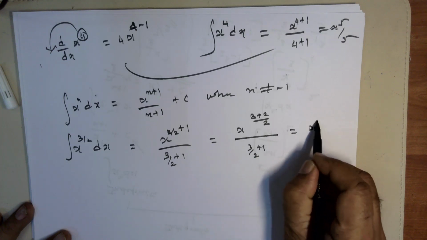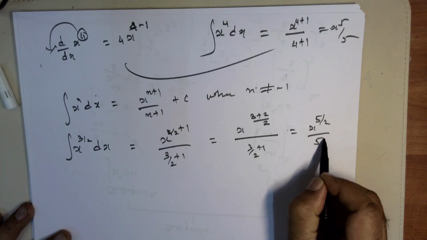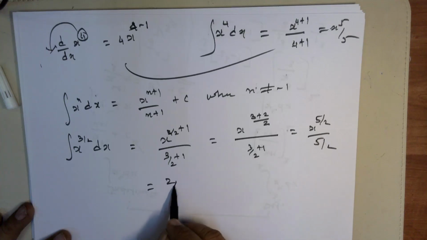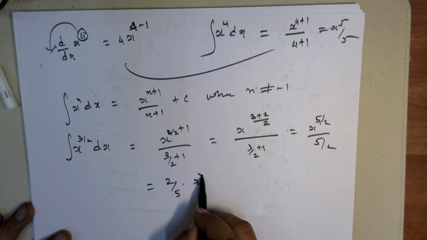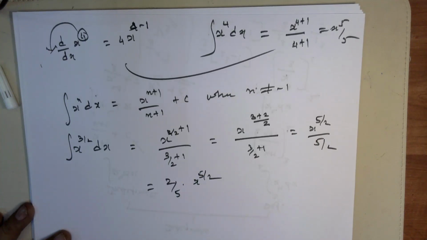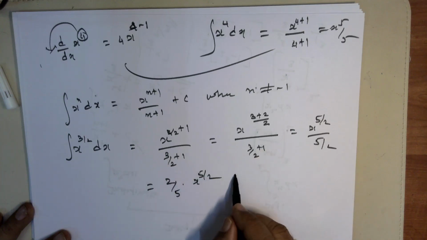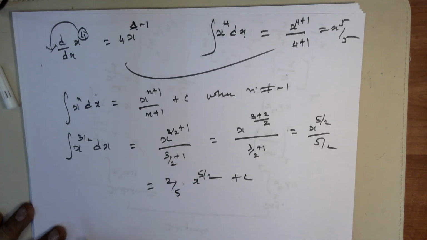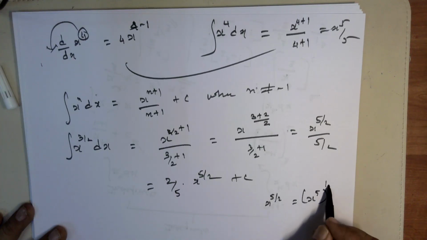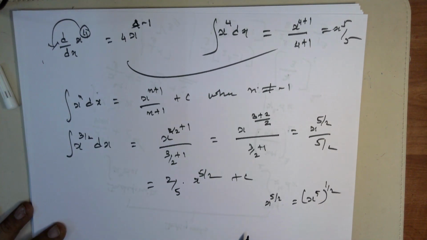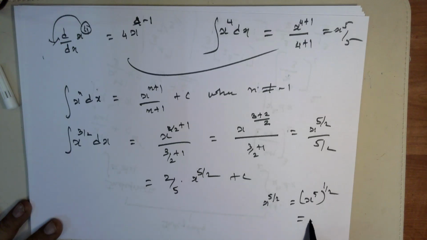So it means x power 5 by 2 divided by 5 by 2. So we can call it 2 by 5 into x power 5 by 2. And you can give this in a presentable manner also. For example, x power 5 by 2 can be called x power 5 whole power 1 by 2, which means square root of x power 5.